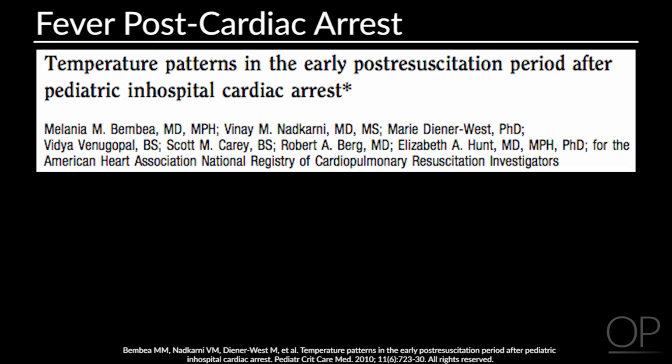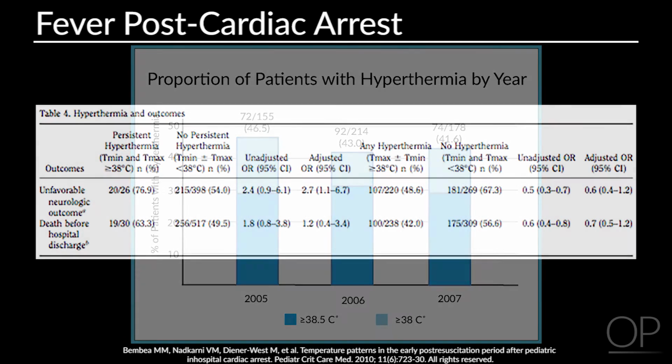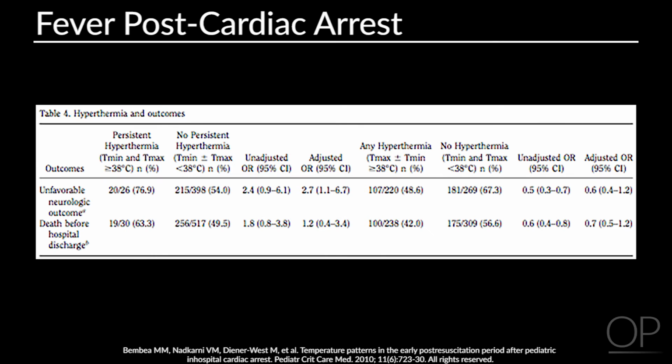What it shows is that during the first 24 hours after cardiac arrest, 43% of patients within the Get With the Guidelines pediatric cohort of survivors post-ROSC had at least one temperature of over 38 degrees. And 5% of patients actually had persistent fever with a temperature of greater than 38 degrees. So they looked at that cohort of patients that had fever after ROSC was established.